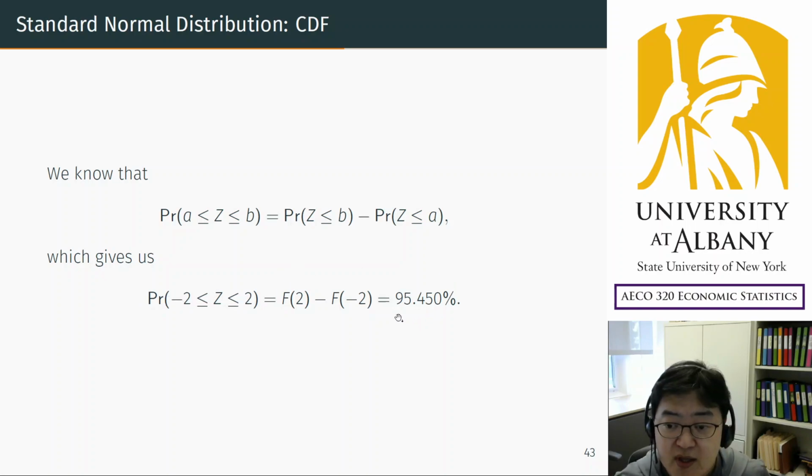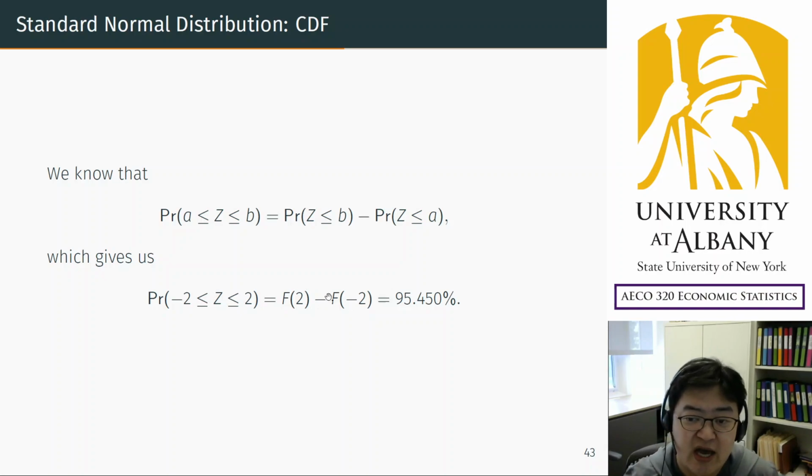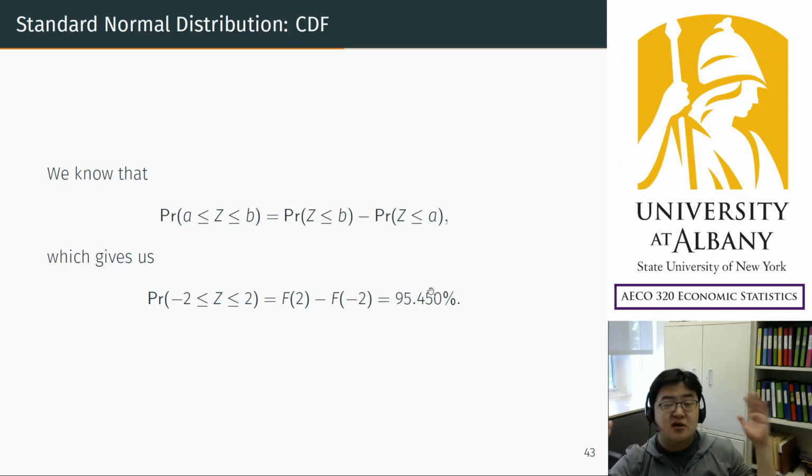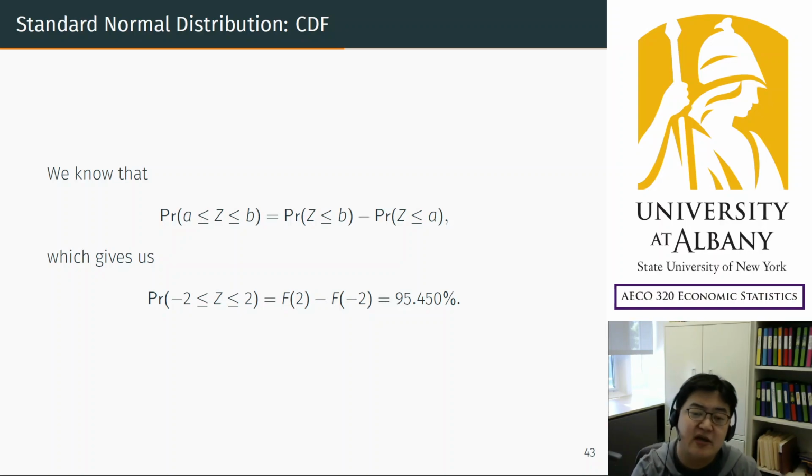By the way, this number is a widely used rule of thumb approximation. So we approximate the probability between ±2 as 95%. In standard normal distribution, 95% of outcomes are within ±2.